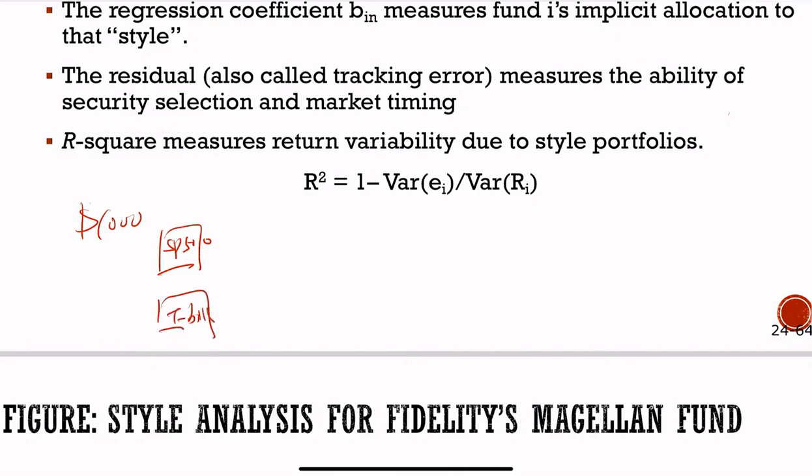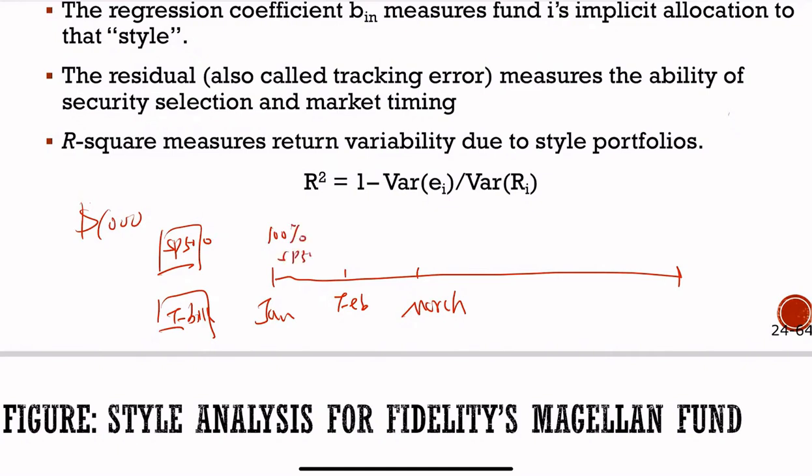Let's say I'm doing the following. This is January, this is February, this is March. At the beginning of January, I predict the market will increase, so I will put 100% in the S&P 500.